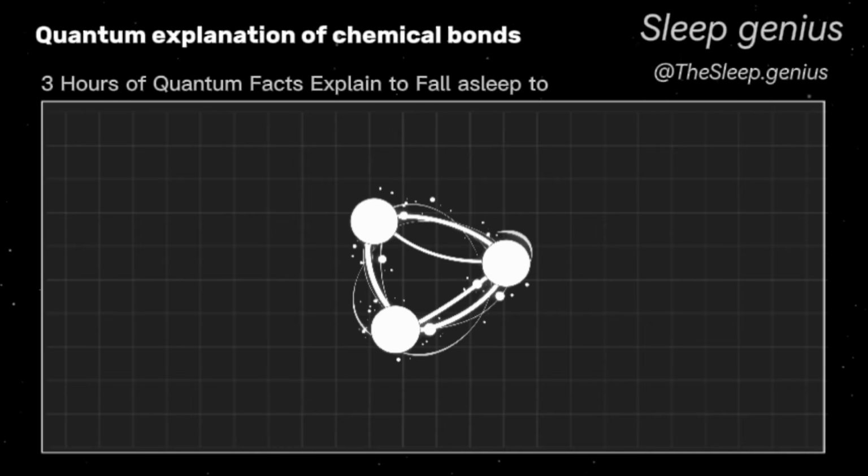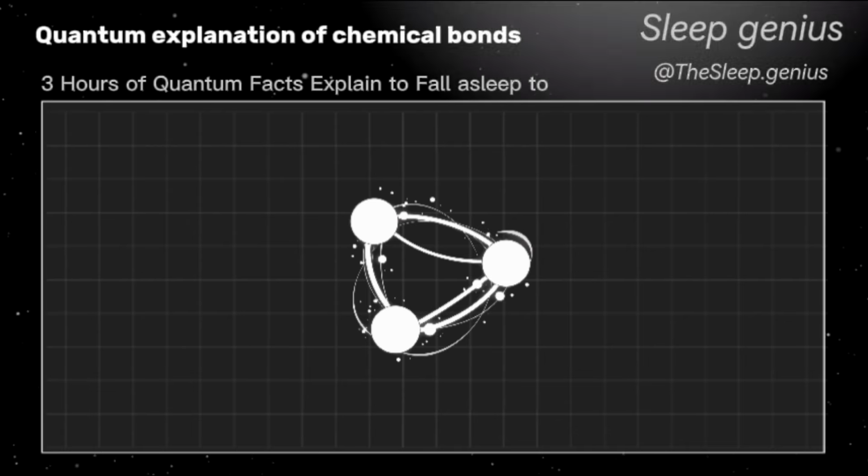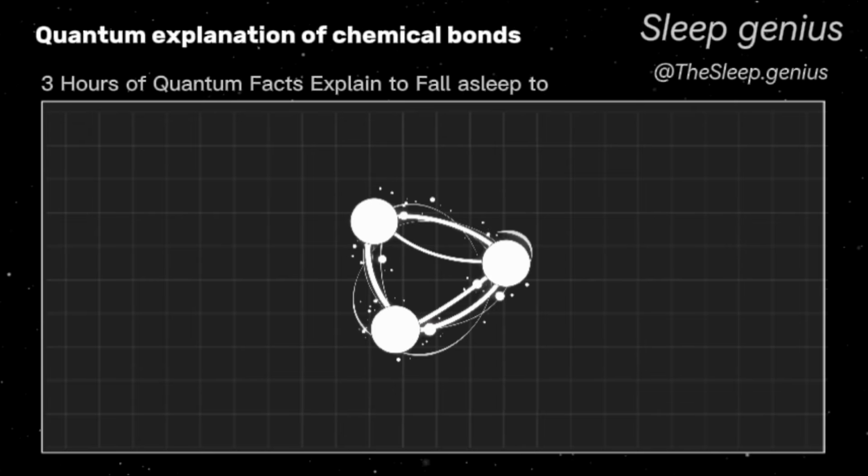Bonds can stretch, bend, and even break in ways that classical mechanics cannot predict. This unpredictability at the foundational level of matter invites a contemplative humility, a recognition that the familiar solidity of objects is an emergent property of underlying uncertainties.